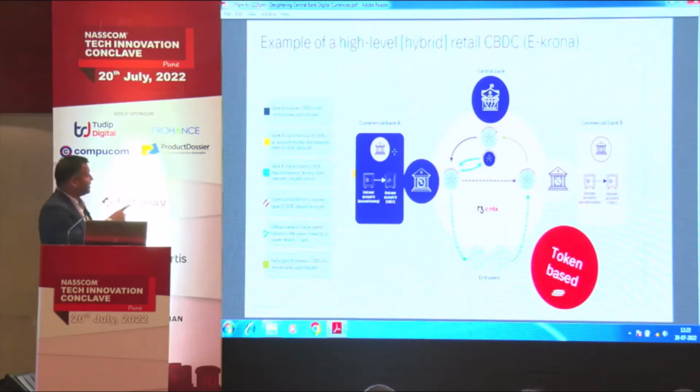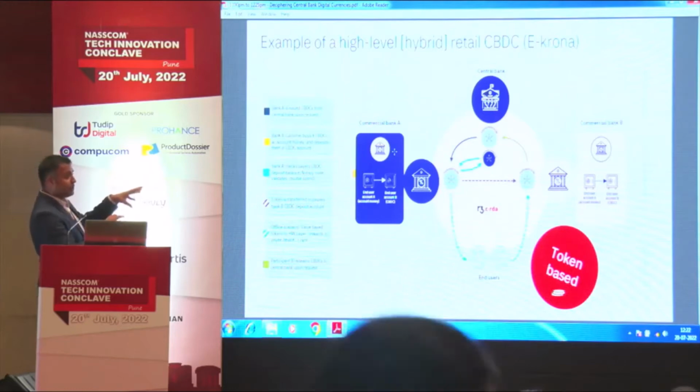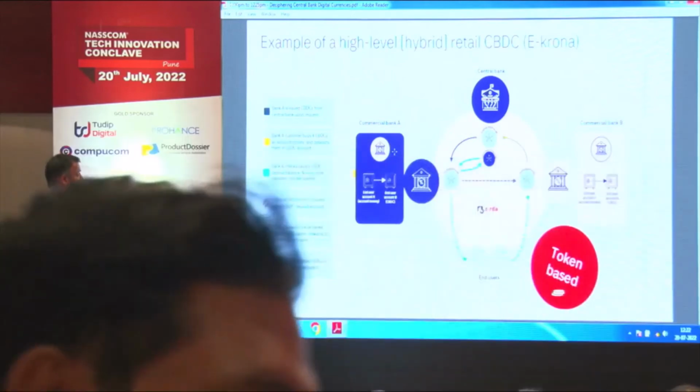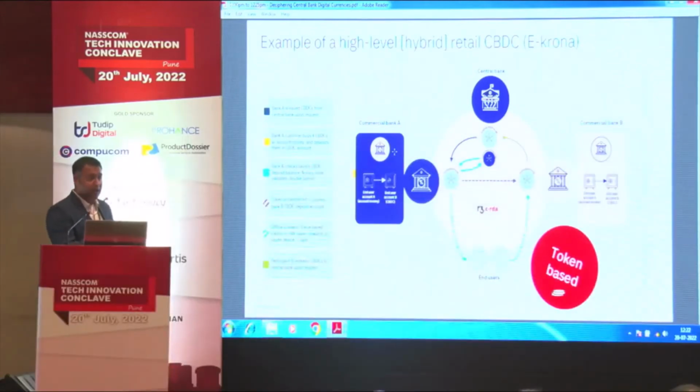So you have the central bank which mints the digital currencies, and then they distribute it to the commercial banks, and then the commercial banks can issue those digital currencies to the end users, right? And I'll also show you an architecture of how that would actually happen in practice.